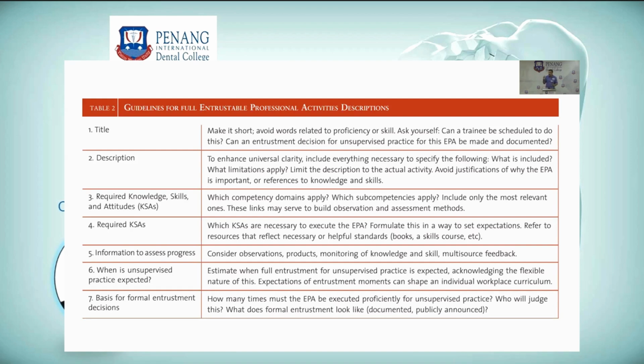So it has to be very objective, very clear-cut. Then the required knowledge, skills, and attitudes necessary to execute the EPA, formulated in a way to set expectations. Of course, refer to the sources. So we're not going into details, but this is how it is done. These are the headings that we have.